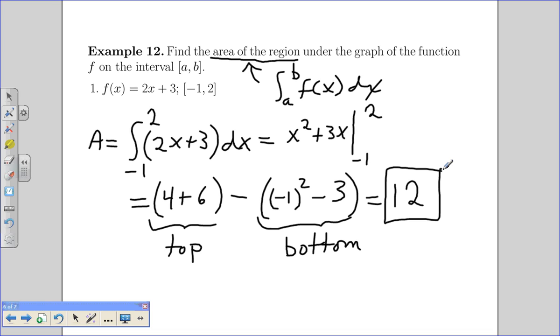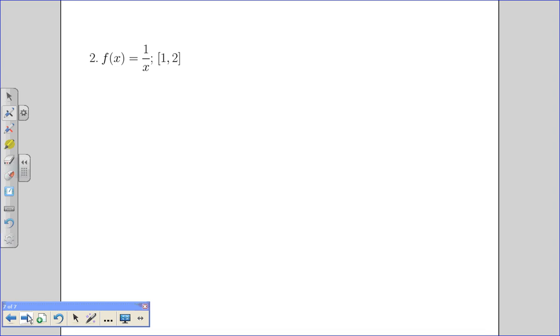Here's another one, and once again, I have 1 over x, so that's going to have the x in the denominator, and when I integrate that, I'm going to end up with natural log. But this works very similar. Take the integral from 1 to 2 of 1 over x dx, and when you integrate that, you have the natural log of the absolute value of x from 1 to 2. Now in this case we didn't need the absolute value because both 1 and 2 are positive, but it doesn't hurt.